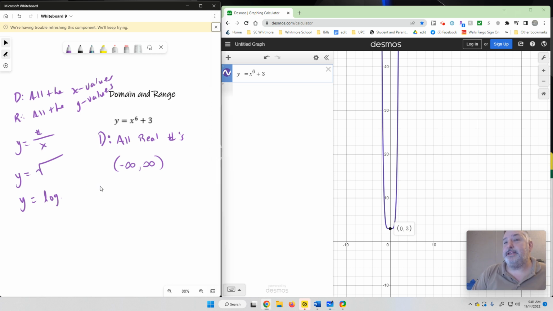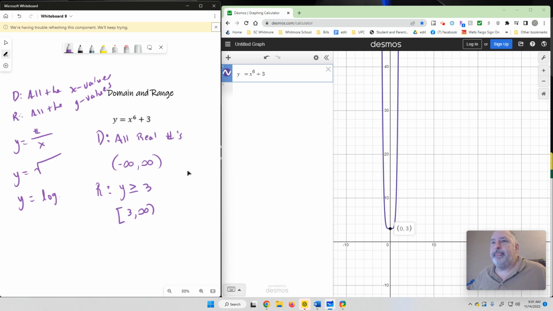So my range is going to be all y values that are greater than or equal to 3. And I can write that in this form with a closed bracket. Closed bracket means that the endpoint is included, to infinity. And infinity always gets a parenthesis because it's an idea, not an actual number.